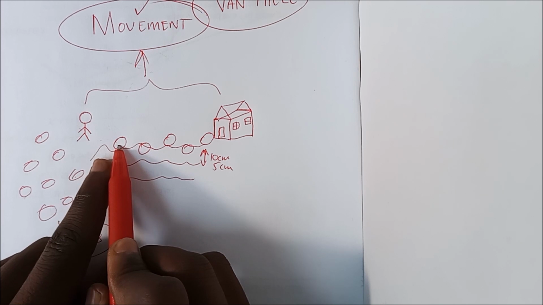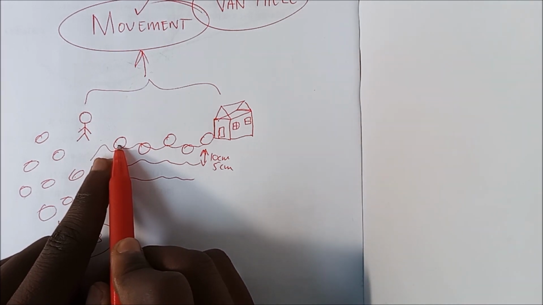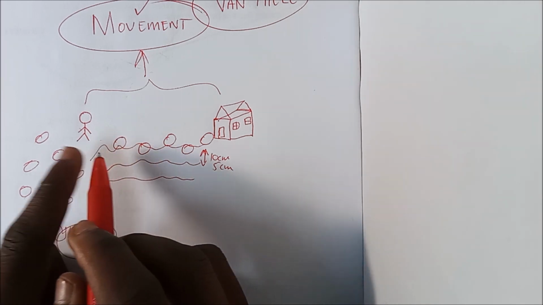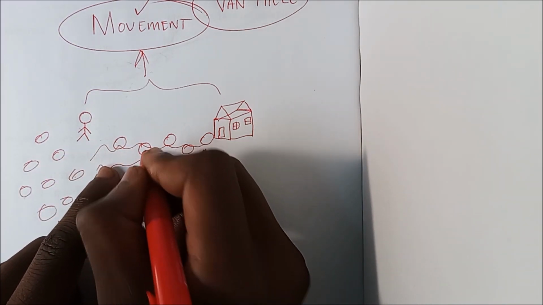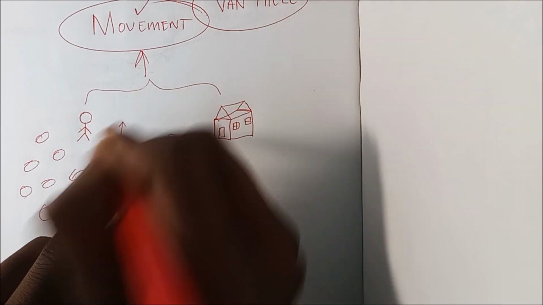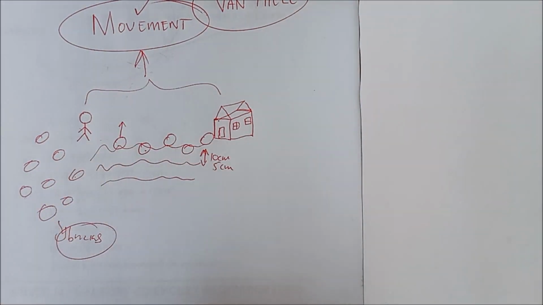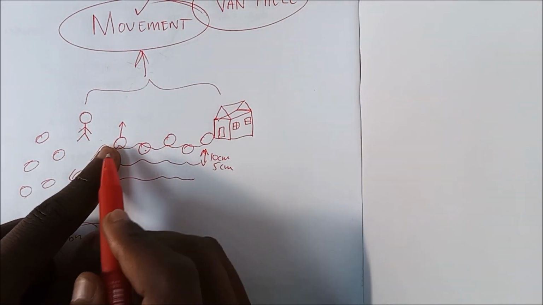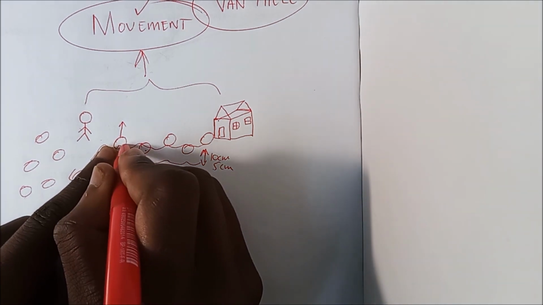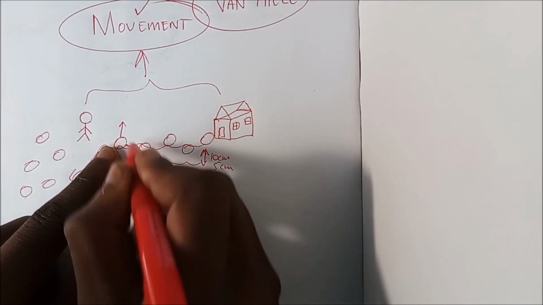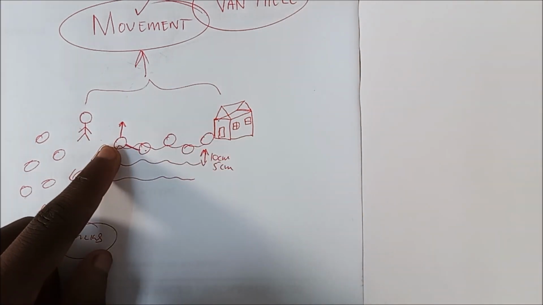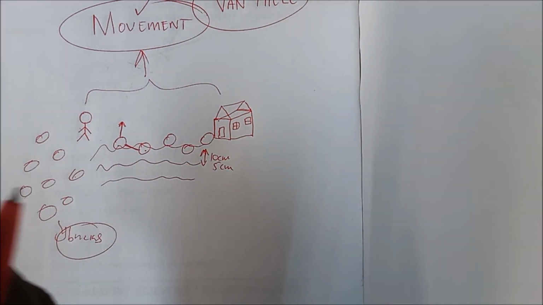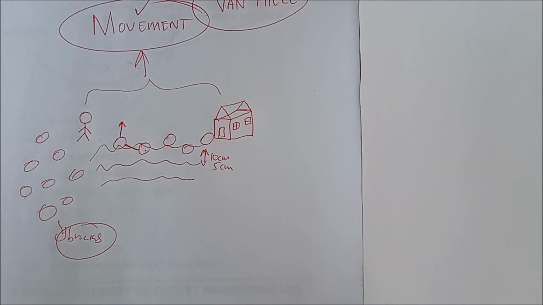Now, this is the first brick. If you step on top of this brick, the first thing you do is feel it. Does it allow me to go to the next brick? Now we will put an arrow. If the brick is stable enough for you to move to the next brick, we put an arrow to represent that the condition does allow us to go to the next brick.